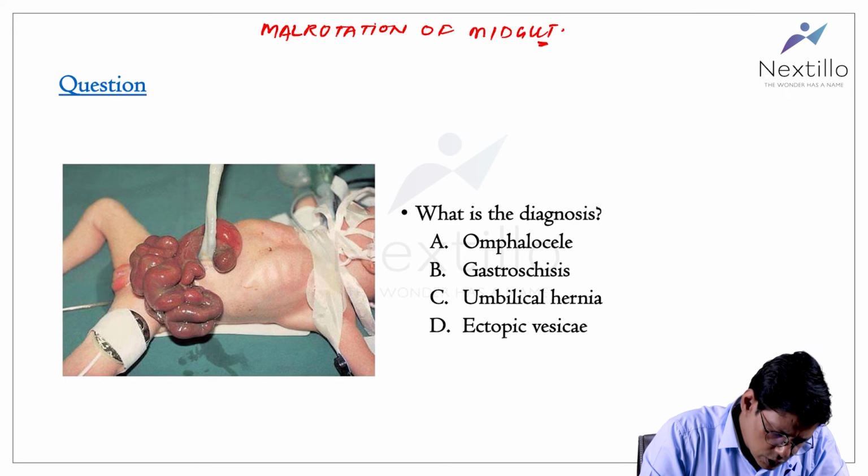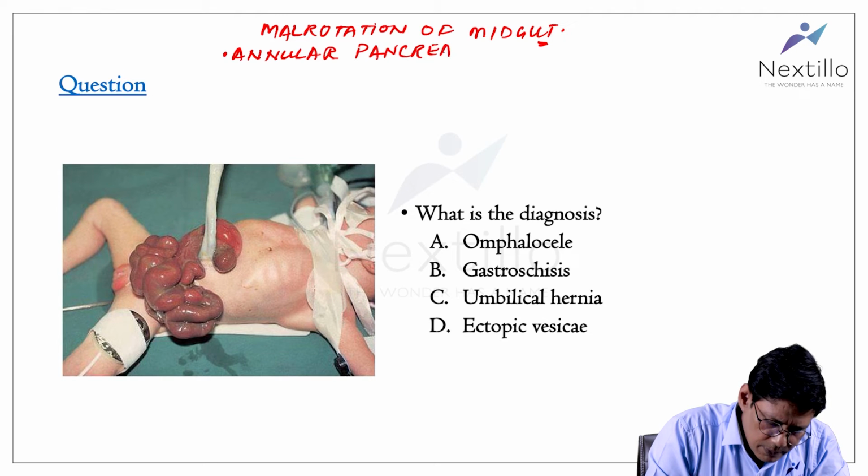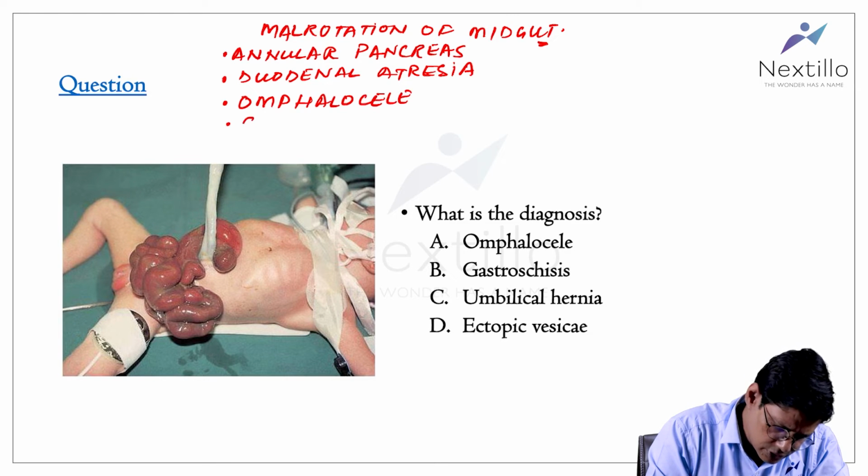This may present to us with annular pancreas, it may present to us with duodenal atresia, it may present to us with omphalocele, it may present to us with gastroschisis.